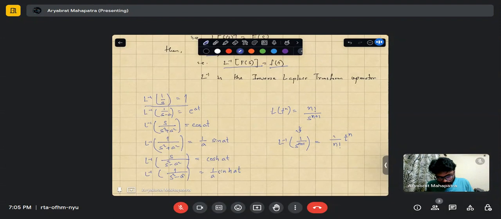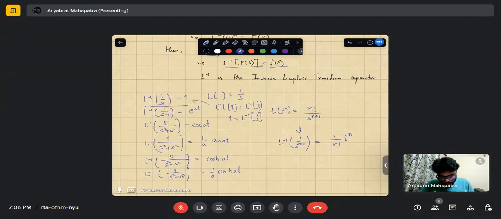Initially I was doing the Laplace transform of 1, which gave me 1 over s. Now when you apply the inverse Laplace transform on 1 over s, the result you get is 1.